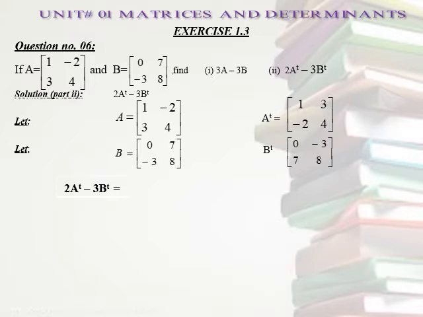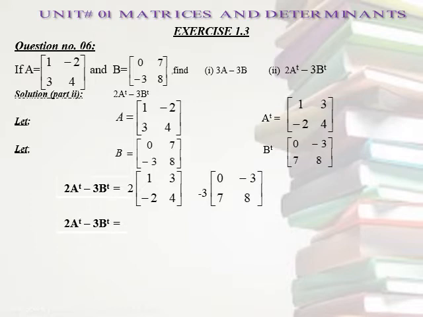According to the question statement, I have to write 2 first, then transpose of matrix A, then minus sign, then 3, and then transpose of matrix B. In next step, I have multiplied 2 with each and every entry of the matrix, then minus sign, and then I have multiplied 3 with each and every entry of the matrix.